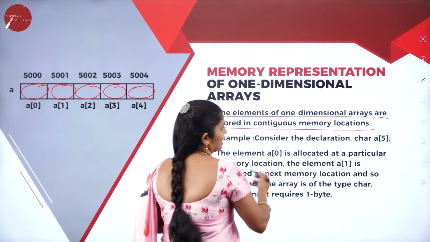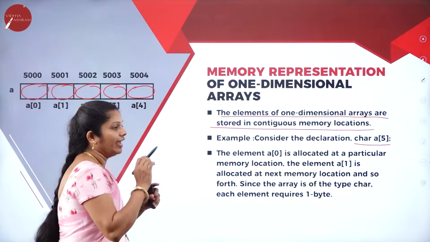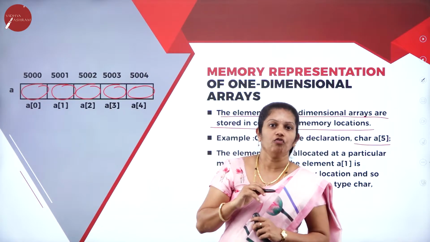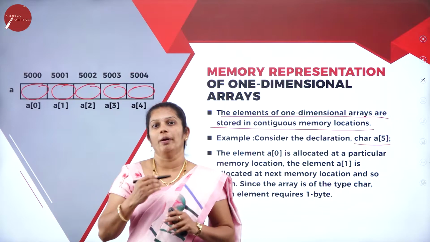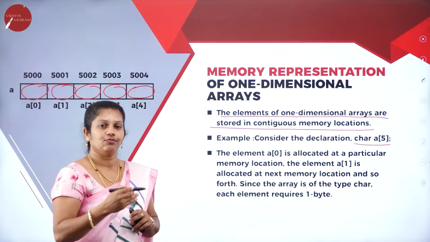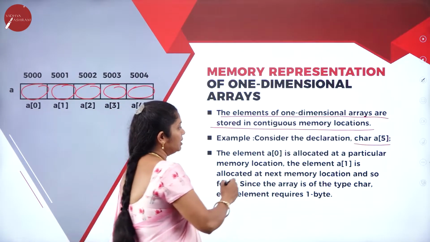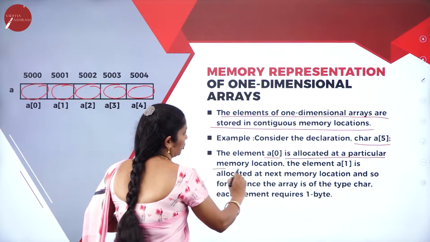For example, consider the declaration char a of 5. If it is character data type, then it will occupy 1 byte of memory space. If it is integer, then it will occupy 2 bytes of memory space. If it is float, then it will occupy 4 bytes of memory space. The element a of 0 is allocated at a particular memory location.